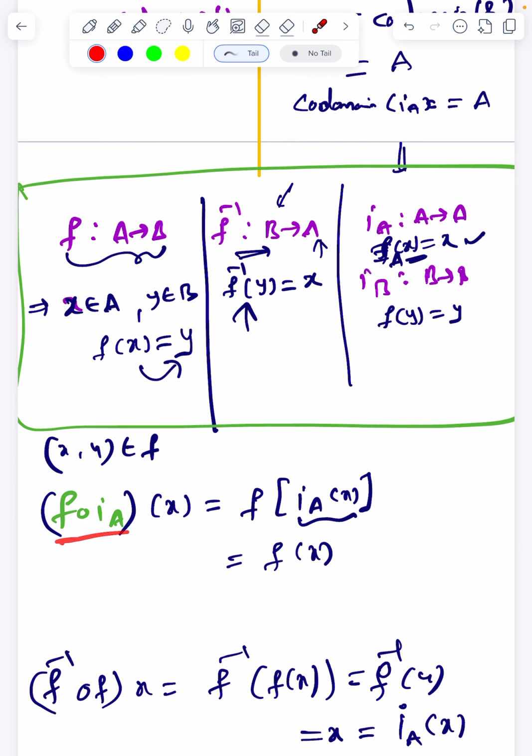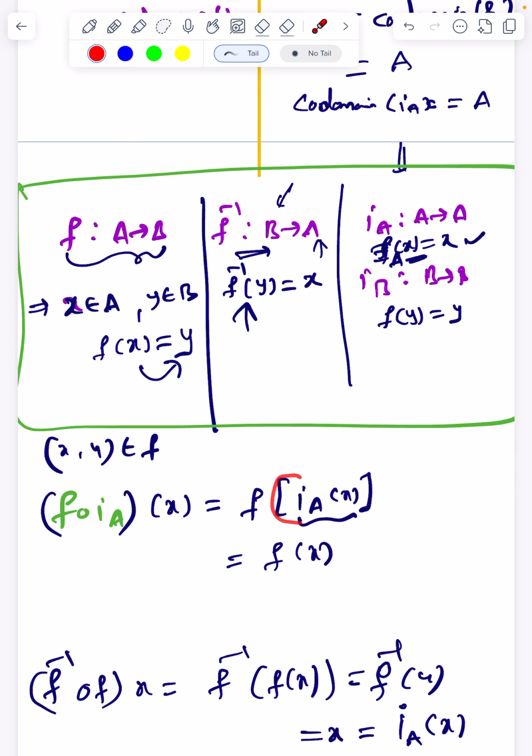Now I am taking the first function, f circle I_A. I am going to prove that this function is equal to the function f. See, for f circle I_A, I am taking the input value x. Now I am expanding this composite function by removing the circle and placing the bracket.